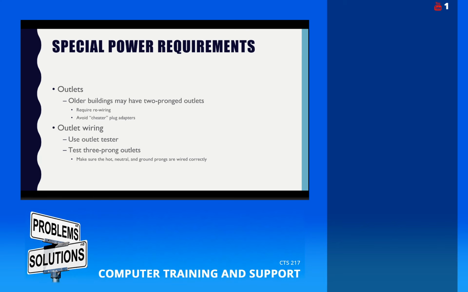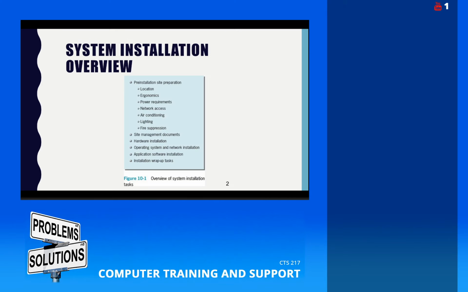So really, when we're looking at stuff like this, we covered a lot of stuff today, we're going back to all this pre-installation site preparation. One of the things that we have to consider as we're considering all of this is cost, because all of this stuff costs money. Budgetary needs are important here.